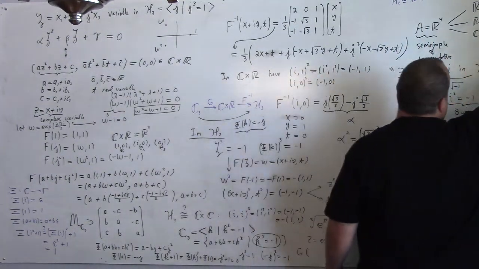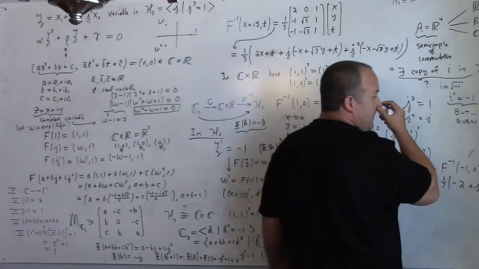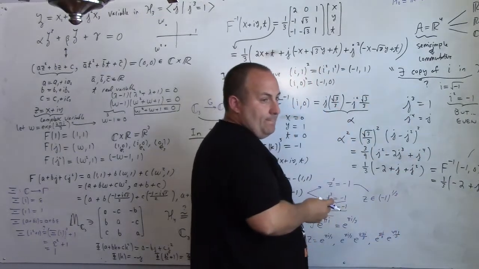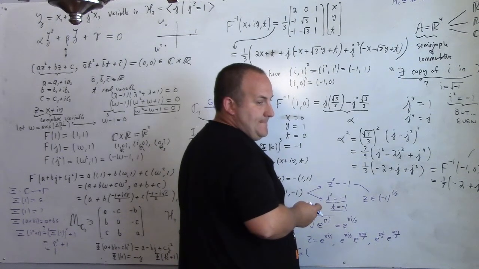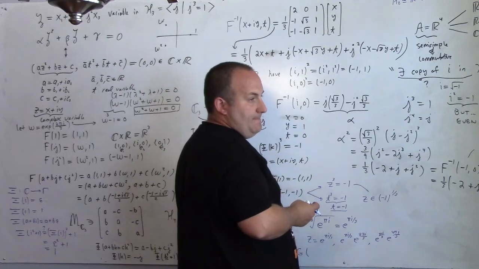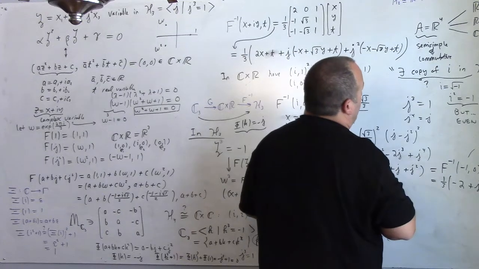So this is also isomorphic to two hyperbolics cross the complexes. I feel like H4 definitely has to be isomorphic to H2 cross H2.